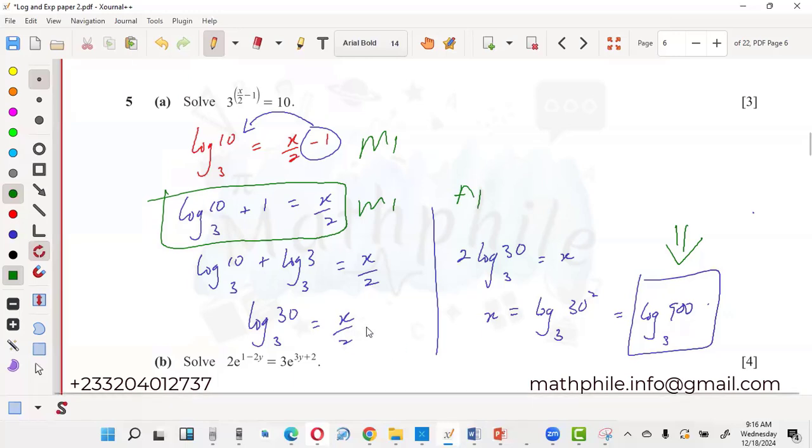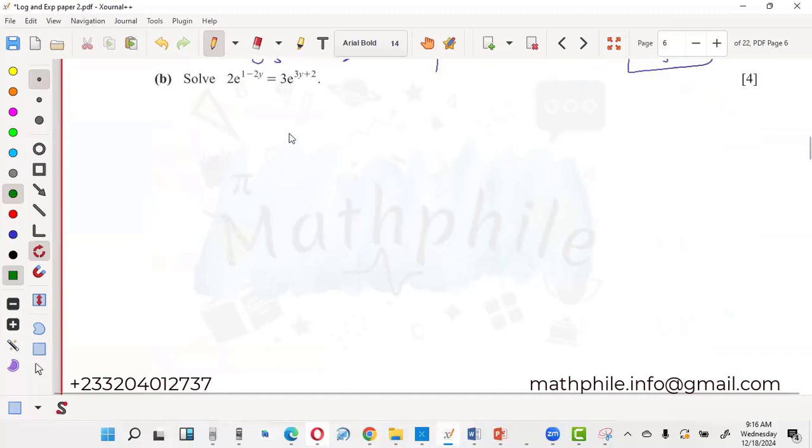Okay. So dealing with problems of this nature, the first advice I would give you would be to isolate the exponential functions. Let them stand alone, everything at one side, and make sure the exponential functions stand alone. That's the first thing.